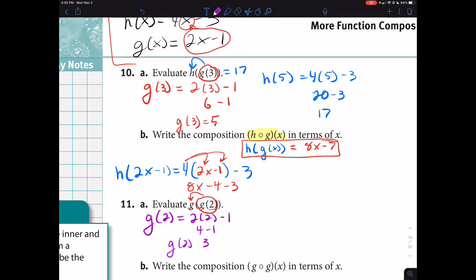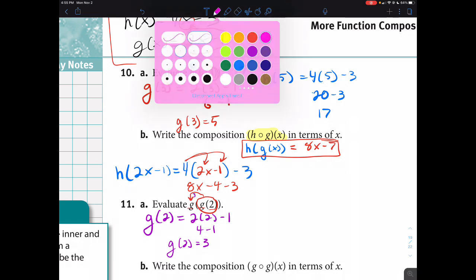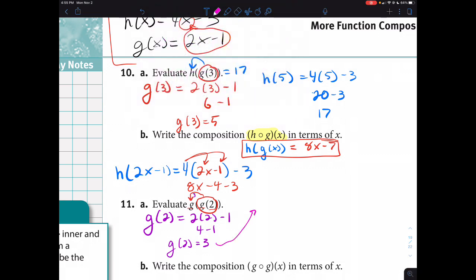So g of 2 equals 3. Then I'm going to take that 3 and plug it into g again. So that's going to become g of 3, which is 2 times 3 minus 1, so 6 minus 1, which gives us 5. g of 3 equals 5. So g of g of 2 equals 5.